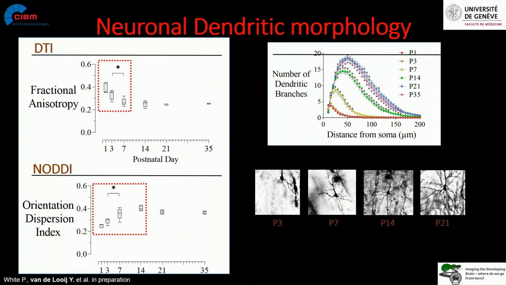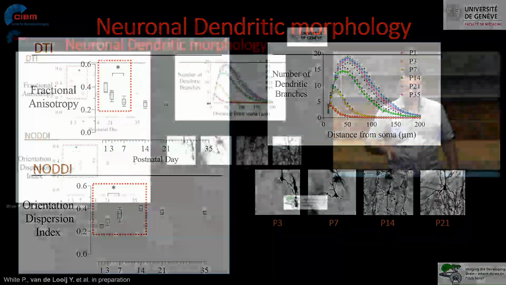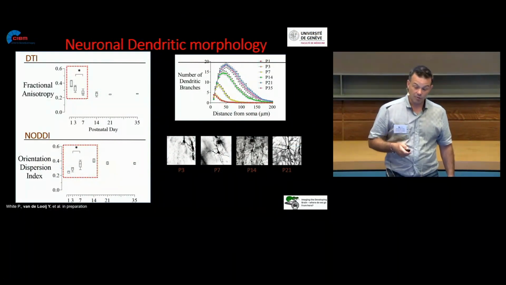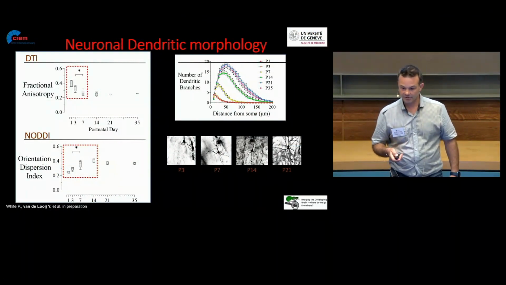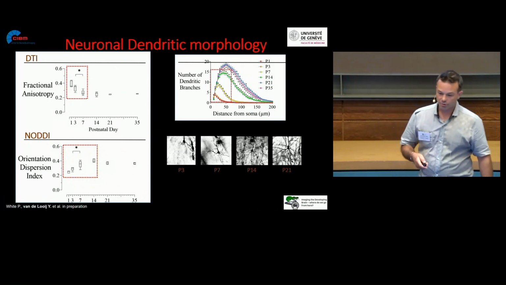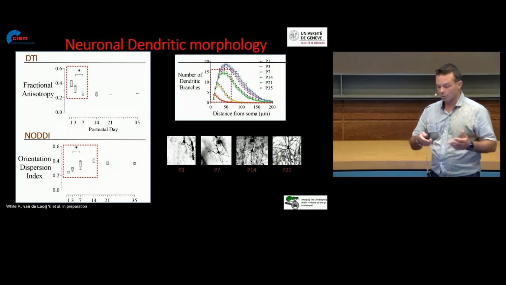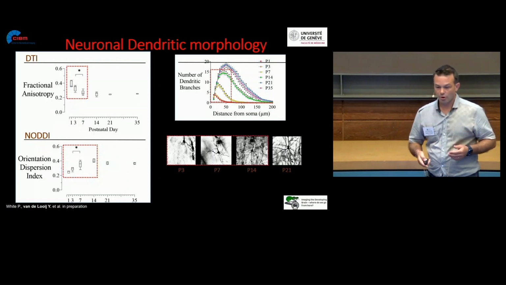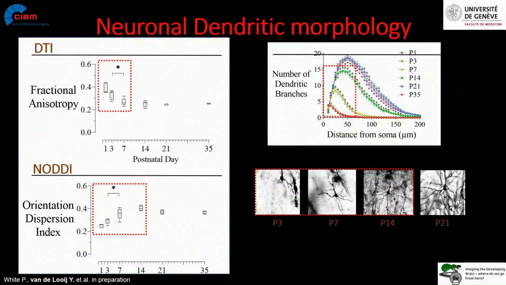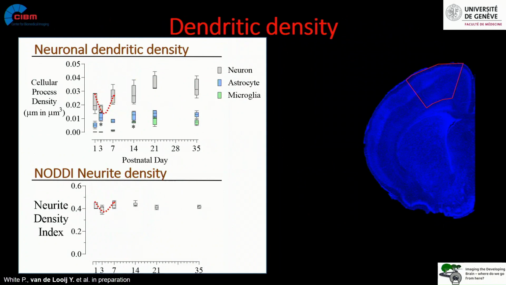And when we look now at the orientation dispersion index, we see an increase of this parameter from postnatal day 1 to postnatal day 14, and this matches pretty well with the number of dendritic branches, which is increasing, and also the dendritic morphology we see here with the branches, the morphology which is really changing.